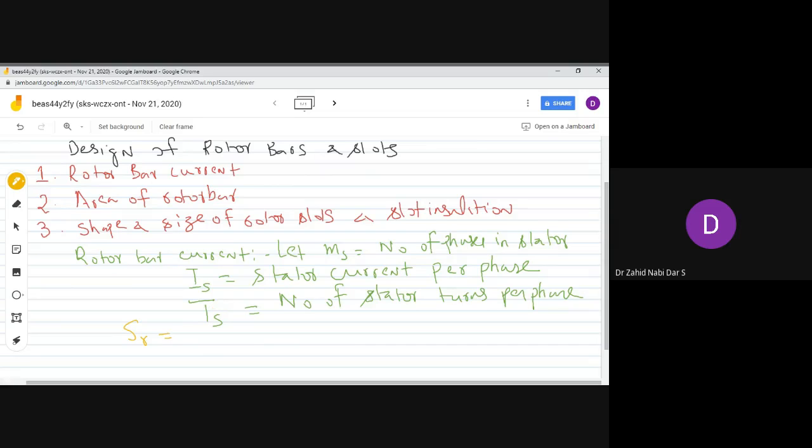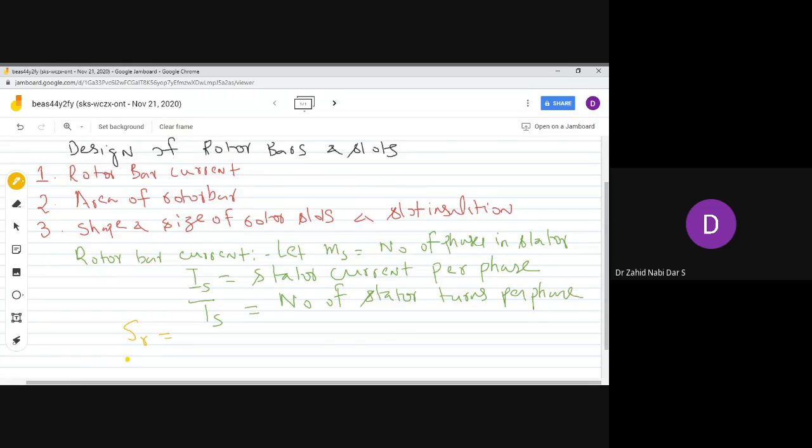Last time I did a problem with 72 slots and each slot carrying 20 conductors. If every slot has only one conductor, the number of rotor slots would be equal to the number of rotor conductors. But if it has more conductors per slot, then you have to multiply. So here let's suppose that every slot has only one conductor.